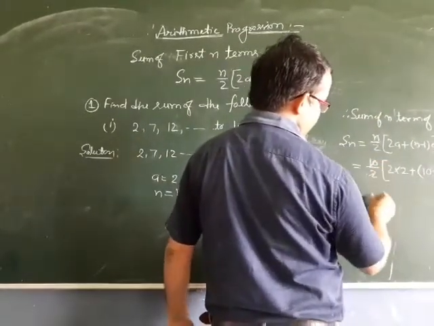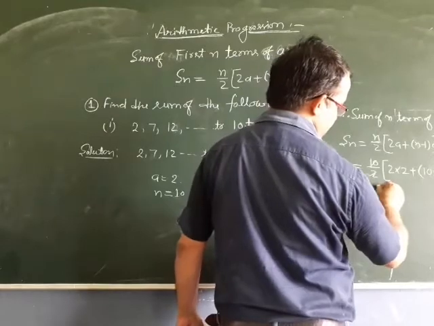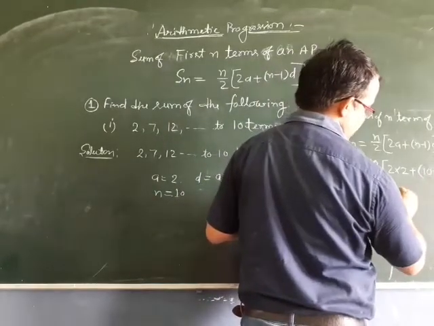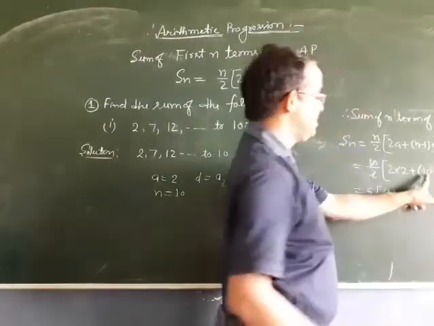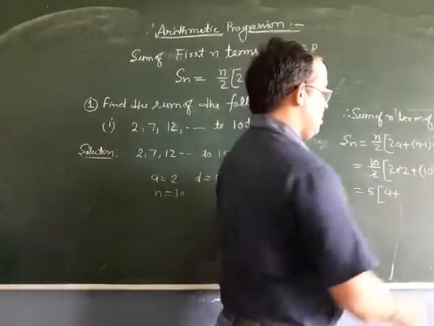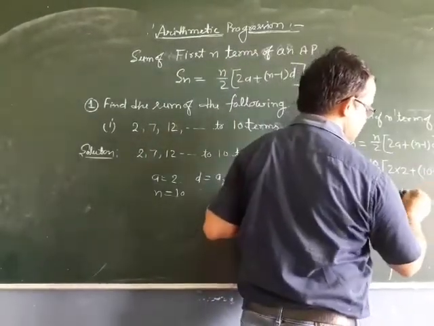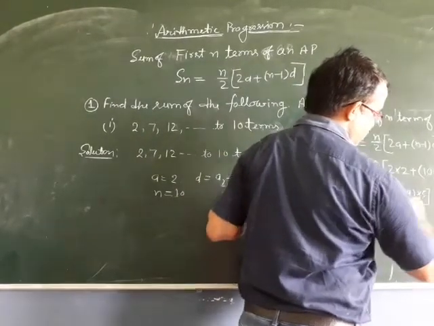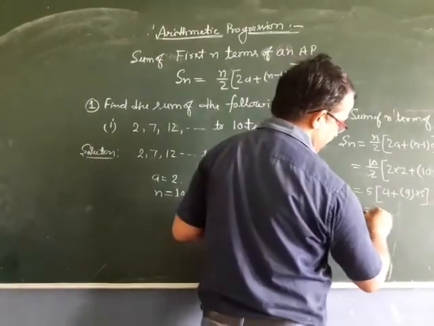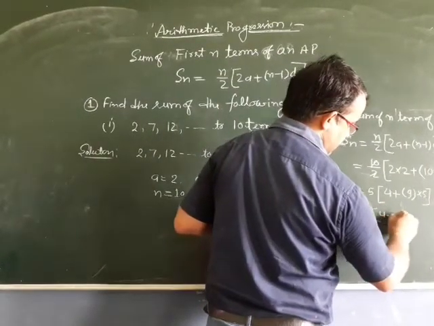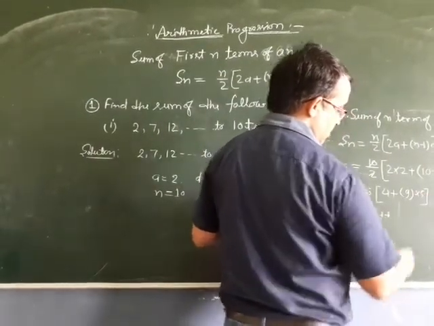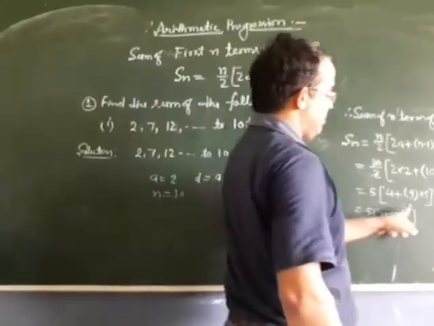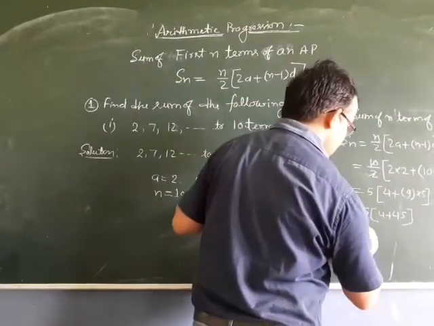Now we solve this. First, 10 by 2 is 5. Now 2 twos are 4, plus (10 minus 1), that means 9, into 5. 9 fives are 45. So 4 plus 45 is 49.